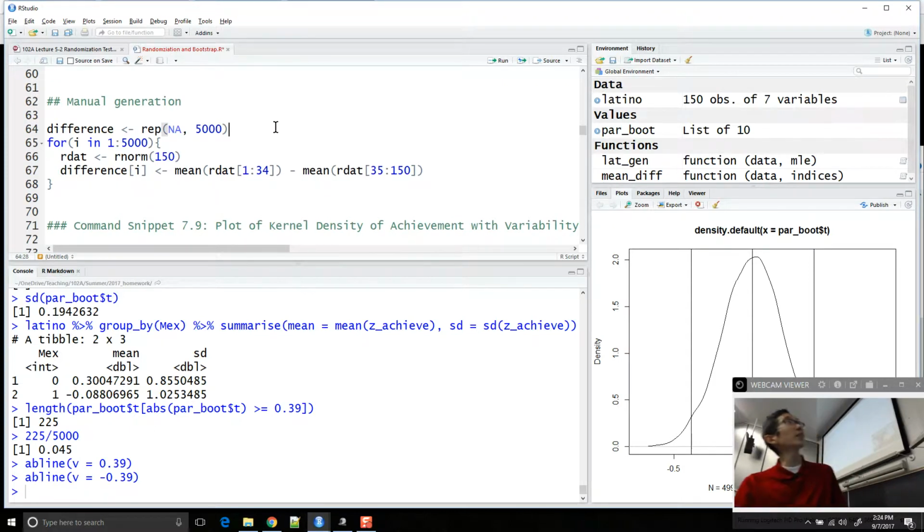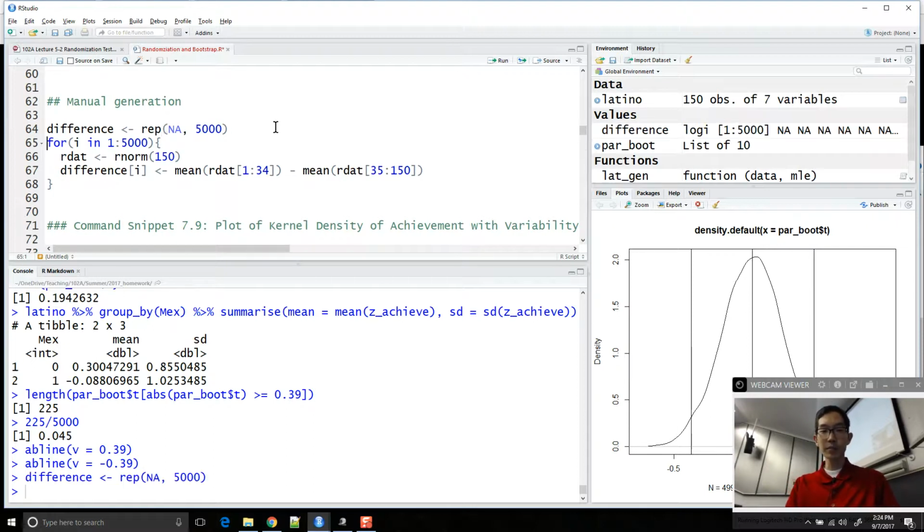Here we could do some manual generation of values, in case we wanted to do a manual parametric bootstrap. With a manual parametric bootstrap, we would randomly generate 150 values from the normal distribution.